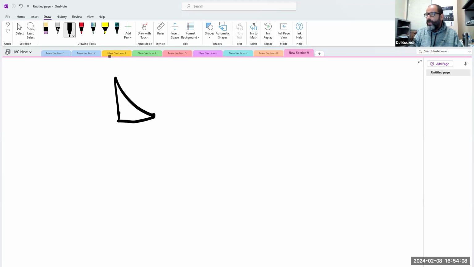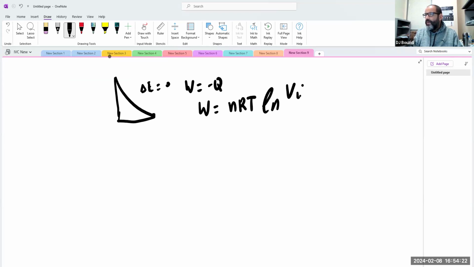In the isothermal, what we said is the change in the energy is zero because the temperature doesn't change. So that means that W is equal to minus Q, and W for an isothermal process, we did the calculation. That was one of the first things we did: the ln of V initial, because there is a minus sign in front, divided by VF. And so that's basically the work.